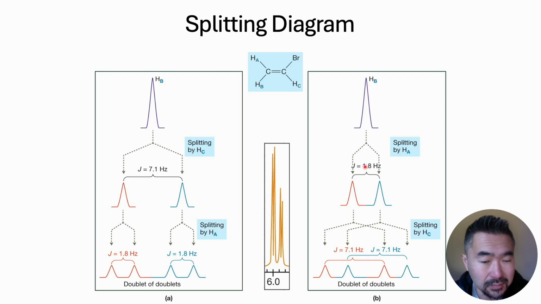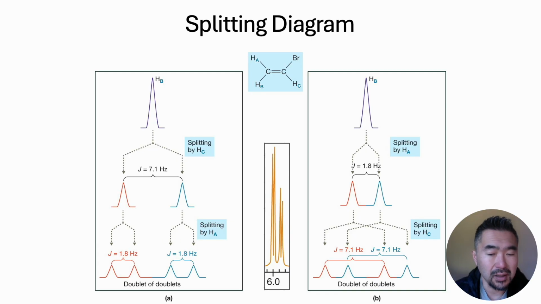It's split, in this case, right? Like to explain this peak, the HB is split into the doublet by 7 or 8 hertz, and then split again by about 2 hertz, right?